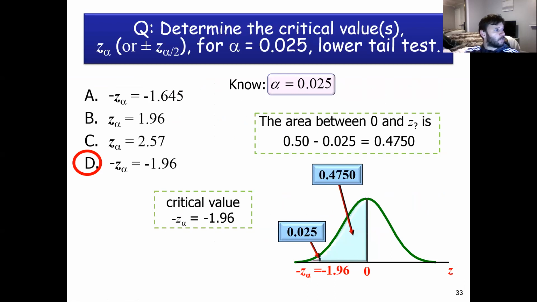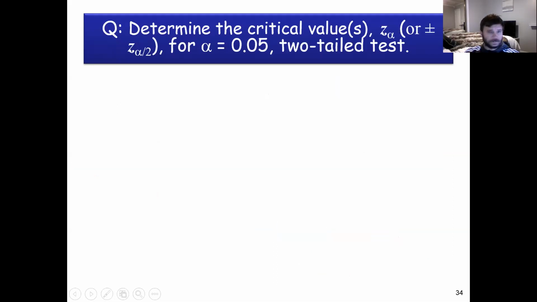Let's go ahead and do one more example of figuring out what the critical value threshold would correspond to for a particular level of significance in a test. So next problem, we're now going to determine the critical value for a 5% two-tailed test.